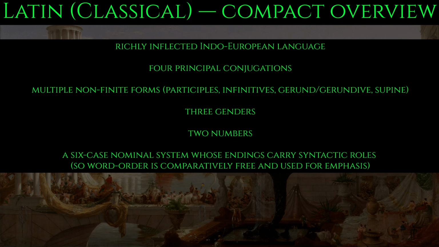Thus, word order is comparatively free and used for emphasis. And there's already a PDF about all of the conjugation in the community tab somewhere, and even a premium version on Patreon as well.